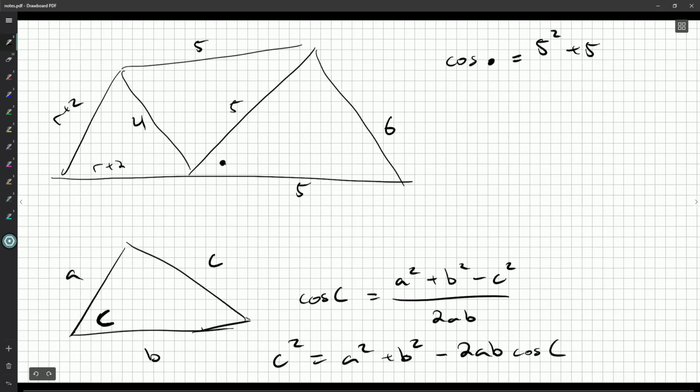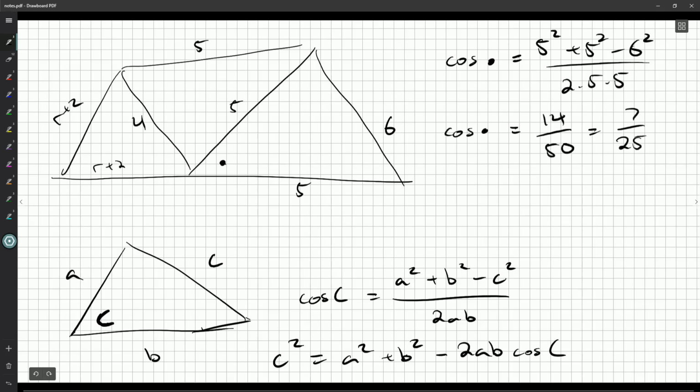Anyway, so the two side ones are 5, so 5 squared plus 5 squared minus 6 squared over 2 times 5 times 5. So cosine of dot will be 50 minus 36, so that would be 14 over 50, 7 out of 25.